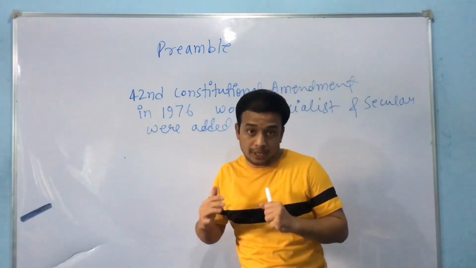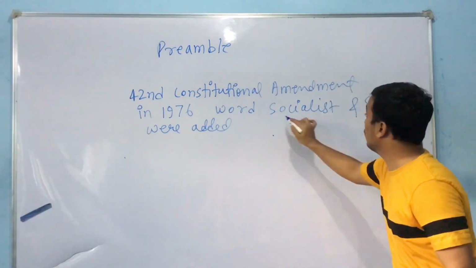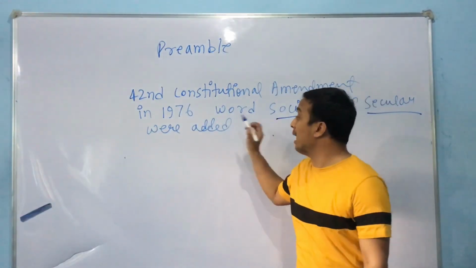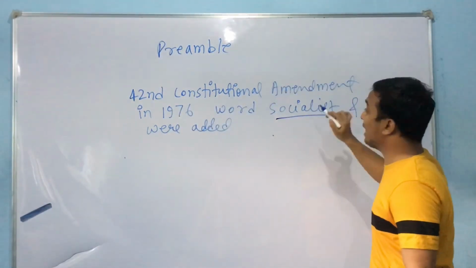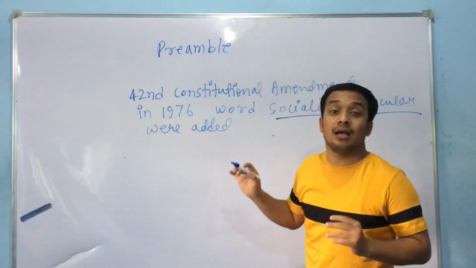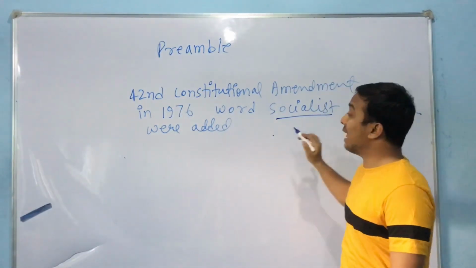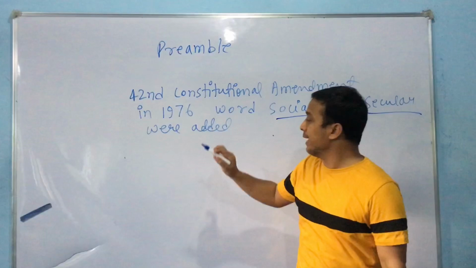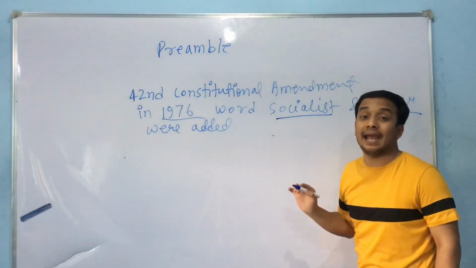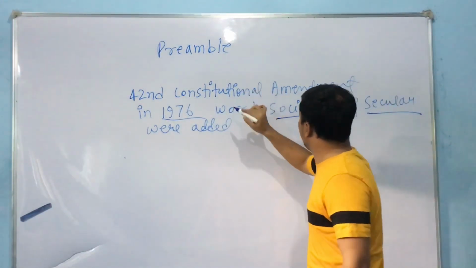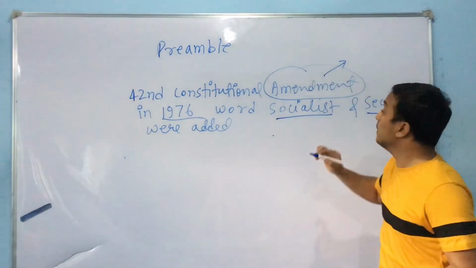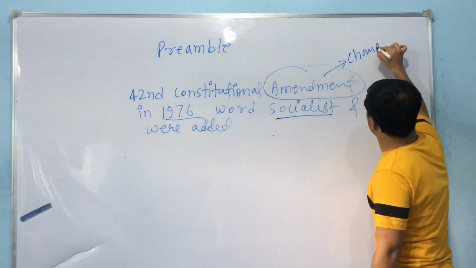Okay, so अभी हमने जो दो words देखे थे, that was socialist and secular. Okay, these two words have been added by the 42nd Constitutional Amendment in 1976. जब कॉन्स्टिट्यूशन पहली बार बना था तब इंडिया एक सोशलिस्ट एज वेल एज सेक्युलर स्टेट नहीं था। इसको 42nd कॉन्स्टिट्यूशनल अमेंडमेंट के थ्रू 1976 में ऐड किया गया था। नाउ अब इसमें एक वर्ड है अमेंडमेंट। ओके, नाउ व्हाट इज द मीनिंग ऑफ अमेंडमेंट? अमेंडमेंट मींस changes in the constitution.